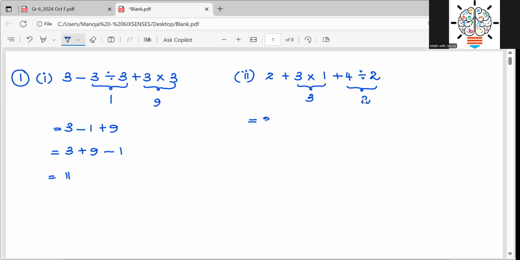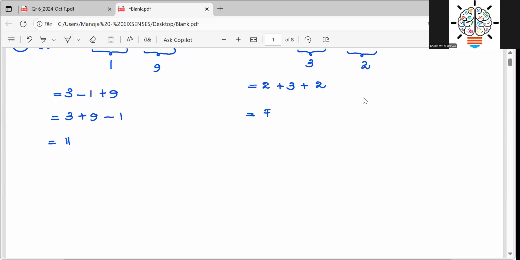And then it is 2 plus 3 plus 2. Okay. 2 plus 3, 5. 5 plus 2, 7. Right? Double checking: 3 times 1, 3. 4 divided by 2, 2. So then 2 plus 3, 5. 5 plus 2, 7. Right? So yeah, it is correct.